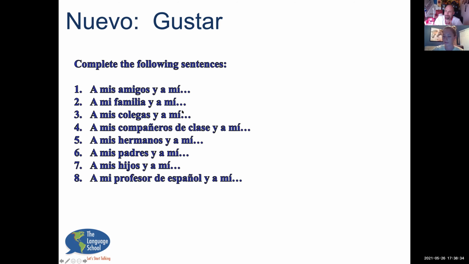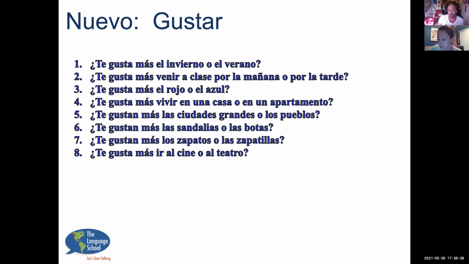So if you're saying me gusta, you technically could say it for any of these. ¿Te gusta más el invierno o el verano? Technically, it would be grammatically correct to answer, a mí me gusta más el verano. A mí, to give it more emphasis. It's rare that you would say it, but you can.